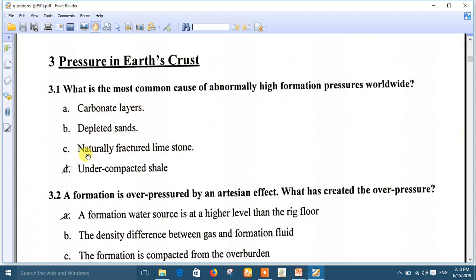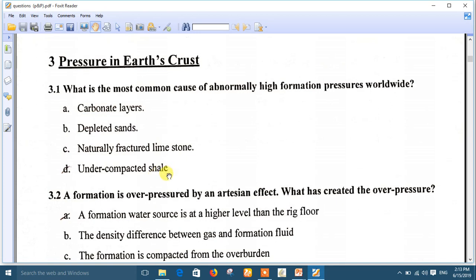Number C, naturally fractured limestone, the same as before, so it is not the right answer. Number D, under compacted shale. This is the right answer. Why? Because shale has low permeability, it reaches 0.001, for example, like the unconventional reservoirs such as shale gas.